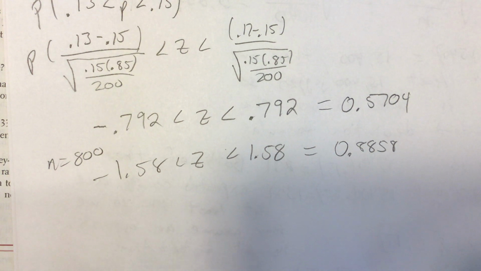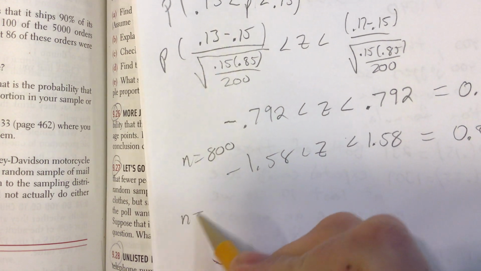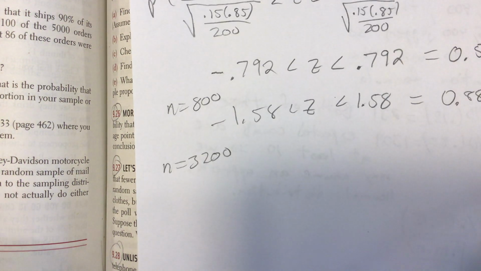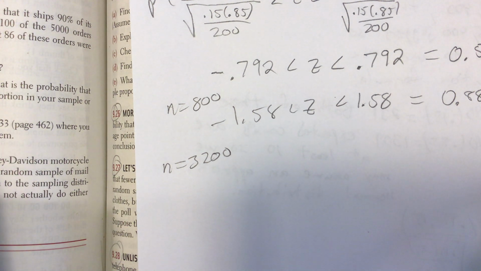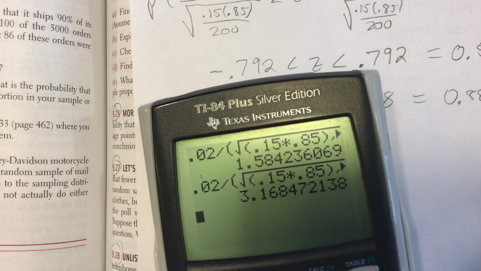Okay? And then repeat one more time for 3,200. So for 3,200, we get a z-score of 3.17.